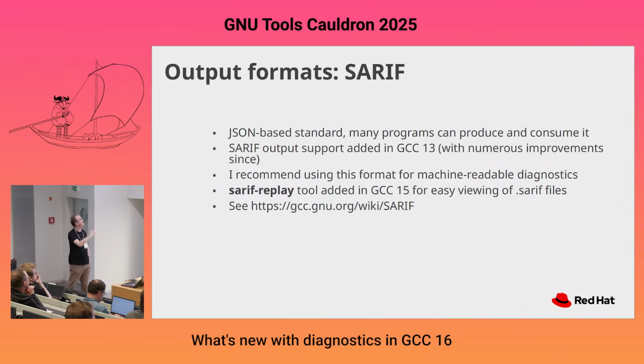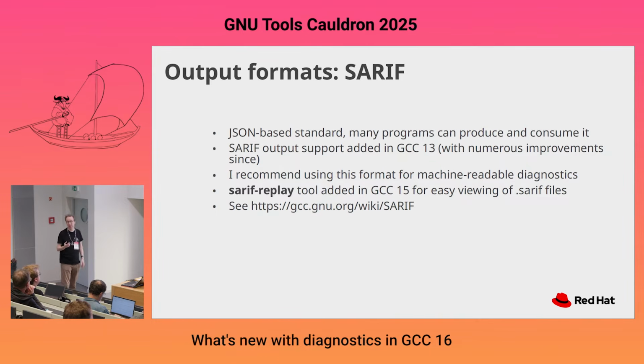I'm just mentioning SARIF, which is JSON-based. It is a standard. There are many programs out there, producers and consumers, and I think there's even a SARIF multi-tool that is designed for doing things like linking and querying and so on. GCC has been able to output its diagnostics in SARIF form since GCC 13, and gradually what is output has been getting richer and richer.